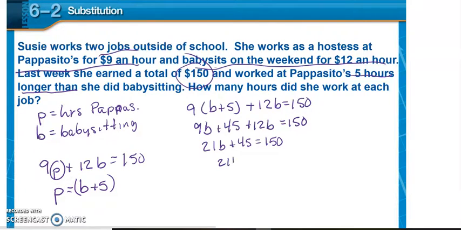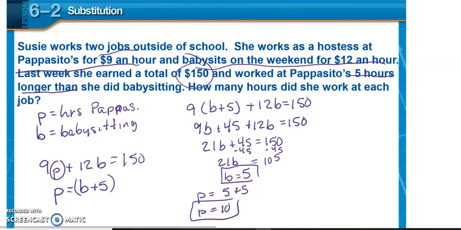So 21B, take away 45 from both sides, equals 105. So B equals 5. And then if we want to figure out Pappasito's hours, we're just going to take that and put it in the P equation. P equals 5 plus 5. So P equals 10. Box those answers and then write your sentence.